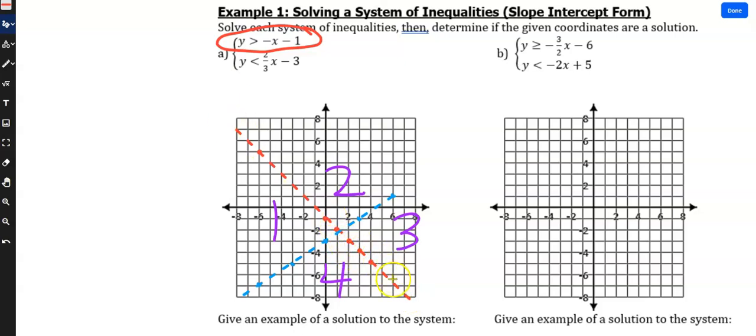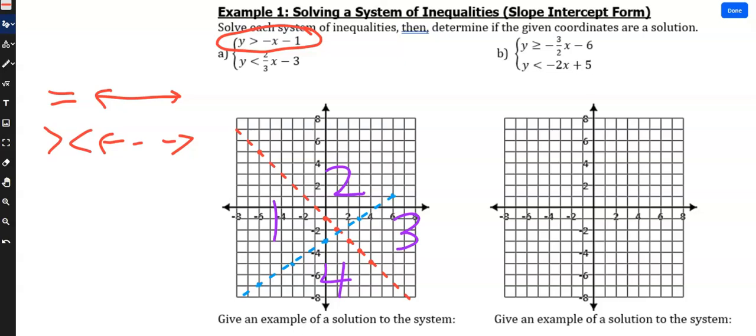You can do that for a ways. There is no equal sign. The equal sign is what causes the line to be a solid line or a dashed line. Okay? So equal sign is a solid line. And if I have a less than or a greater than, I get these dashed lines.